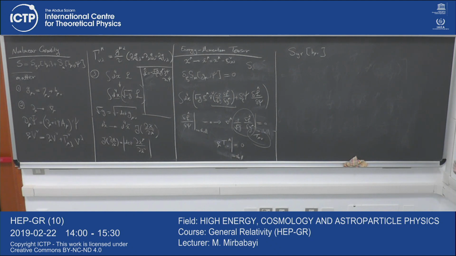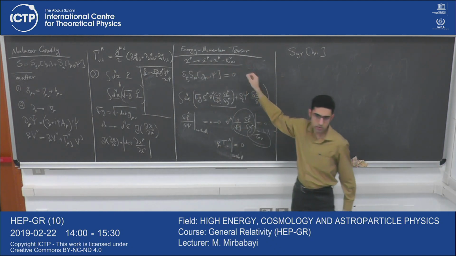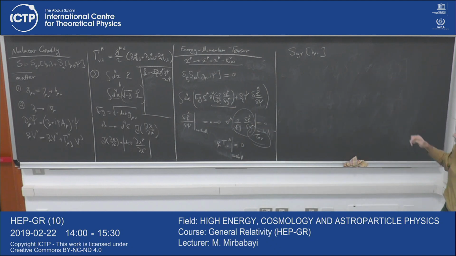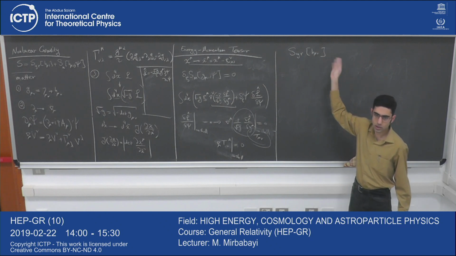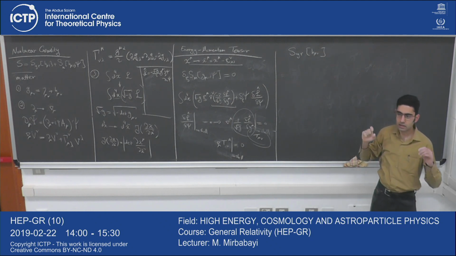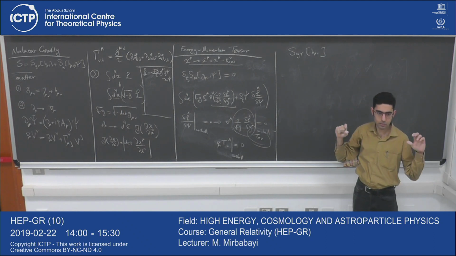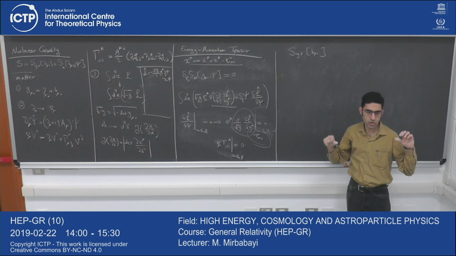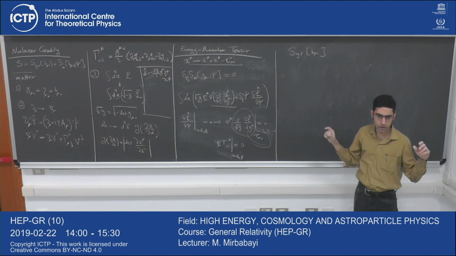We want it to be generally covariant, invariant under diffeomorphism, so it should satisfy this symmetry. It is fully constructed out of the metric and does not depend on the matter field. And if I look at the quadratic part in h mu nu, it should reproduce what we had before for the quadratic action.